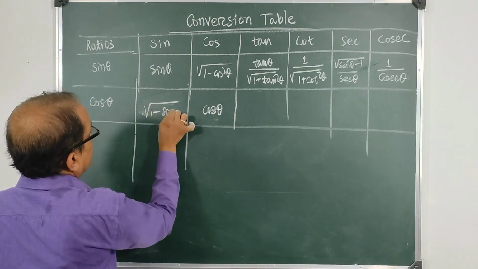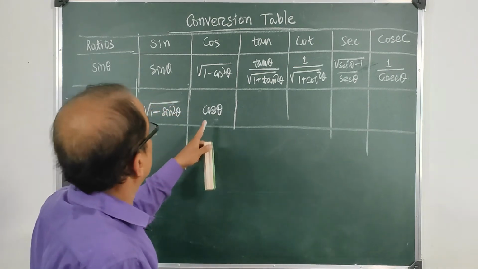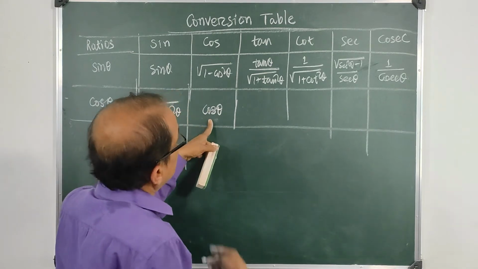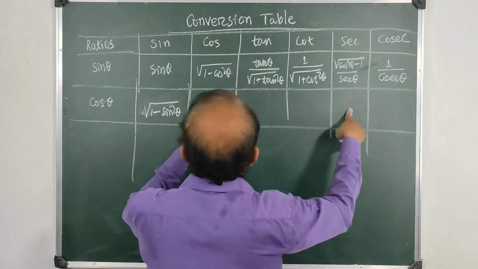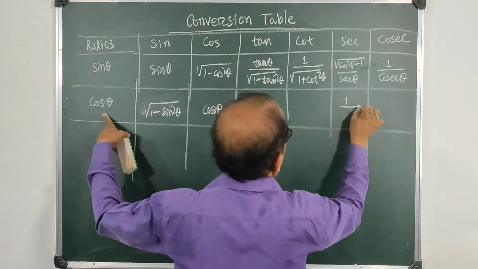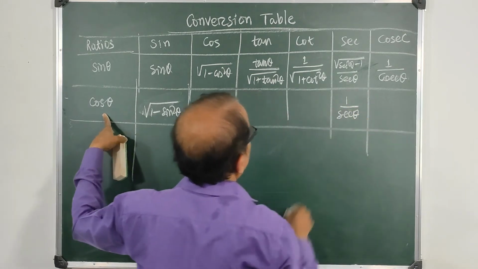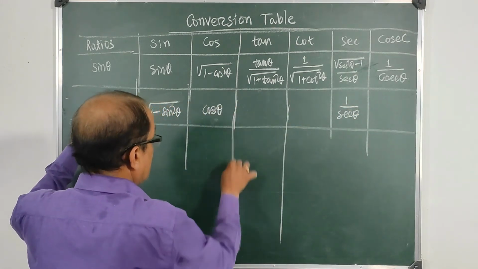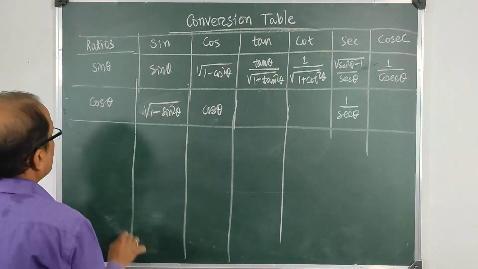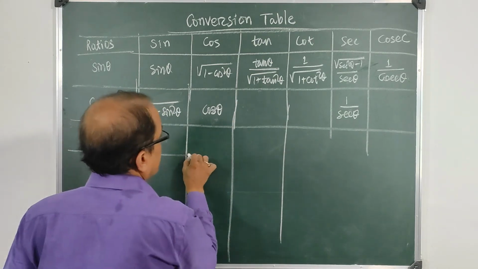This can be written here, and cos in its reciprocal form will be here, so cos in the form of sec will be 1 by sec theta. And let us go for the whole table, so that we can write this faster.